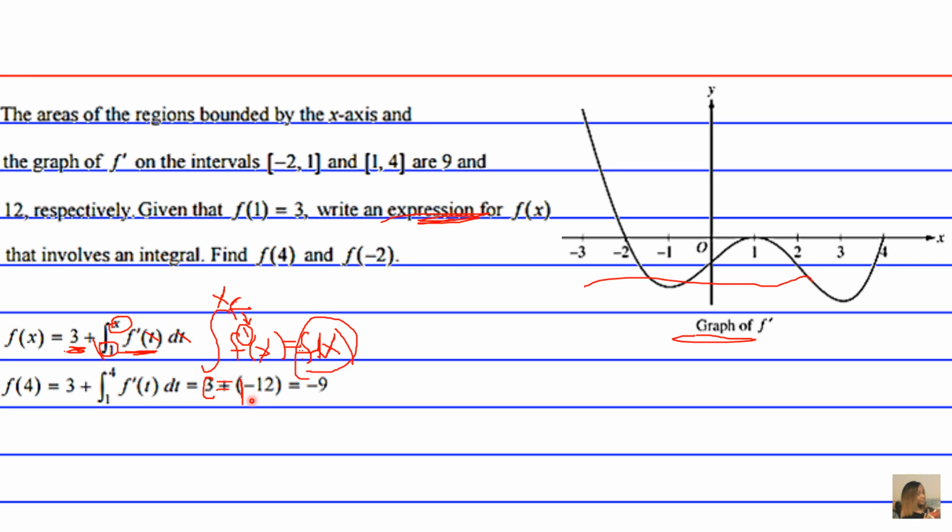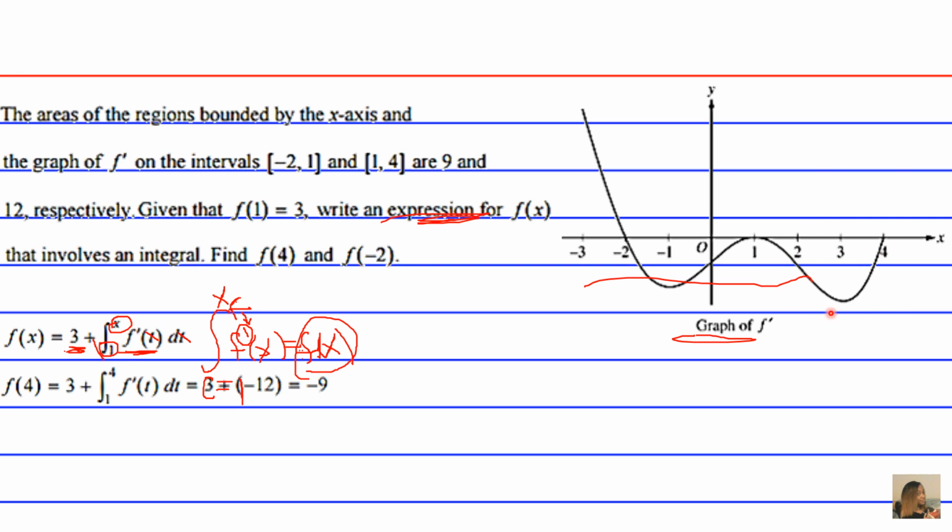So, it's negative 12, okay? And the reason why it's negative 12 is because the area is in quadrant 4.